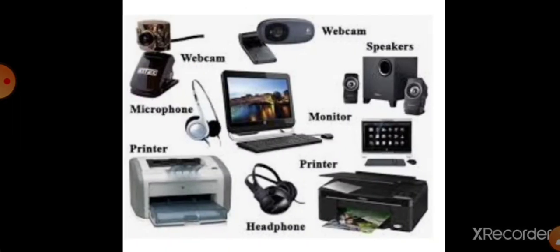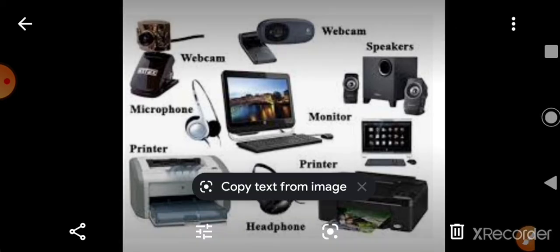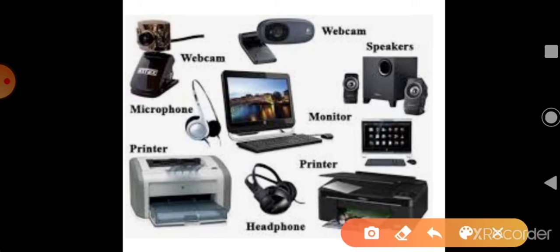Next, output unit. The output unit is used to display the result on the screen. We get a result from the computer, and the results are displayed to the user by using an output unit. Like printer, it is used to give output on paper. Monitor is used to give a display on a screen.